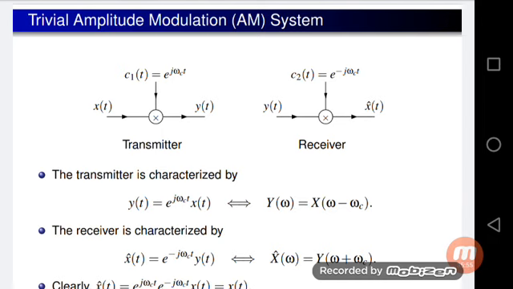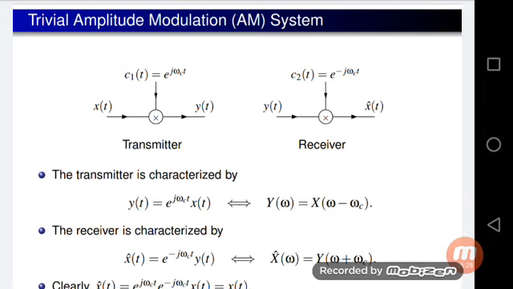Why is it indicated as x cap of t? X of t is the message signal and x cap of t is the demodulated signal, that means the original signal. So we represent one as the modulating signal and the other as the demodulated signal. Both are the same signals, but the elements used are different.